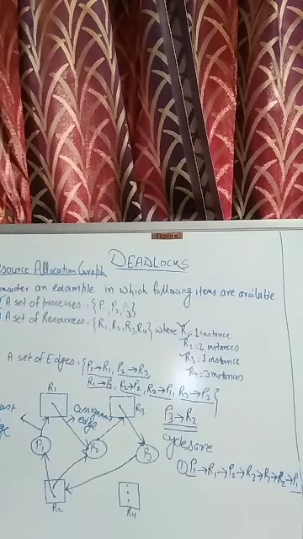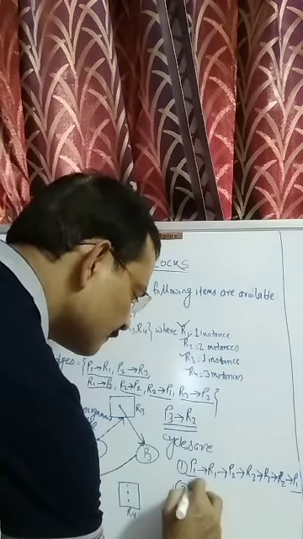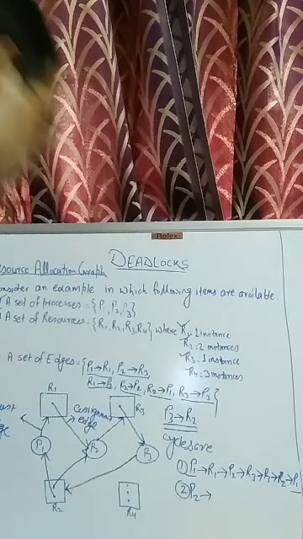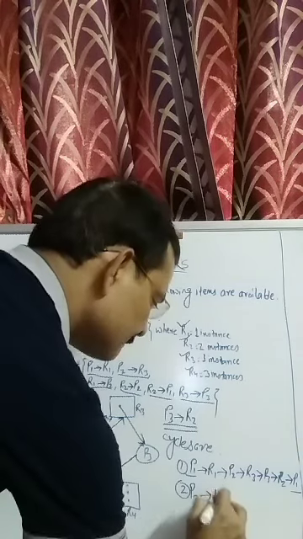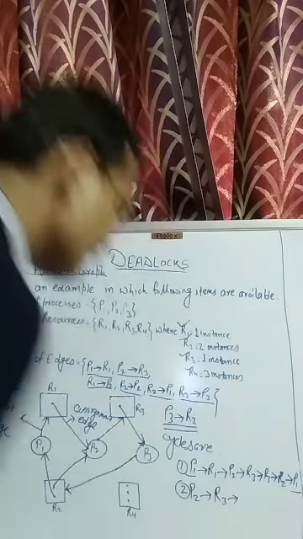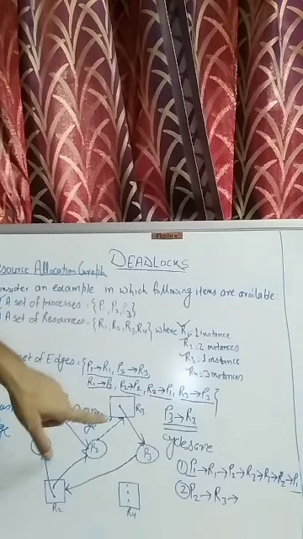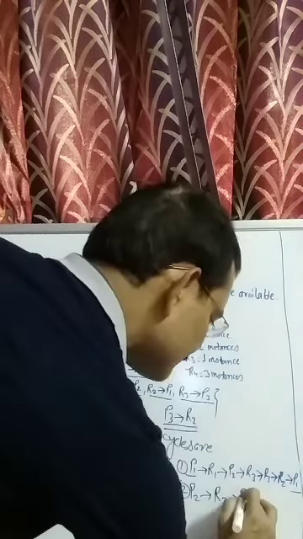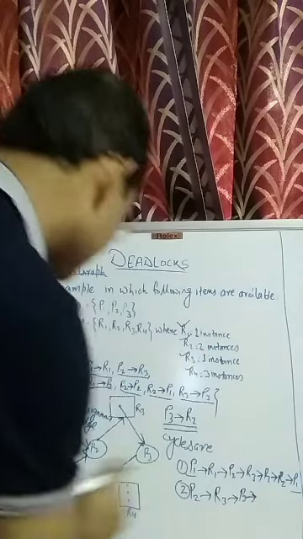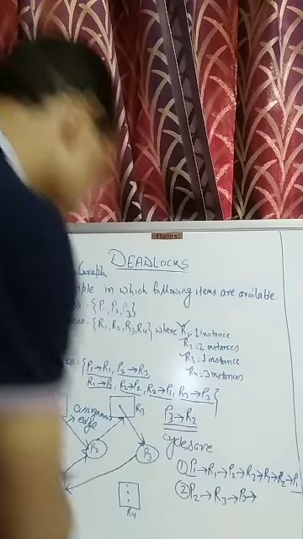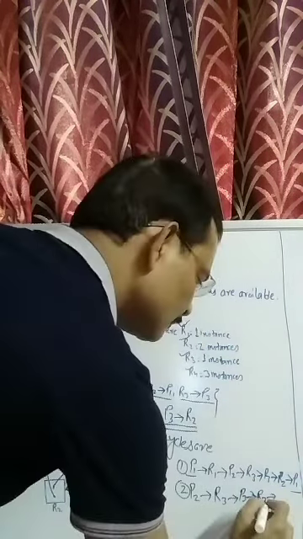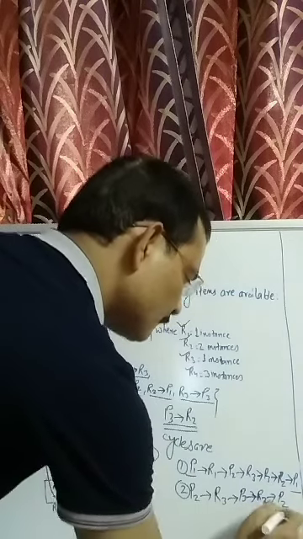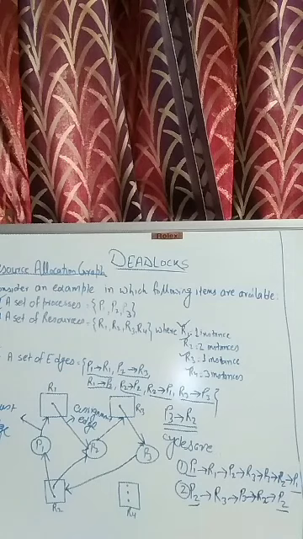And the second cycle is from P2 to R3, from R3 to P3, from P3 to R2, and from R2 again to P2. So this also formed a cycle.